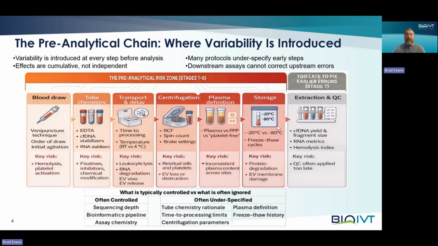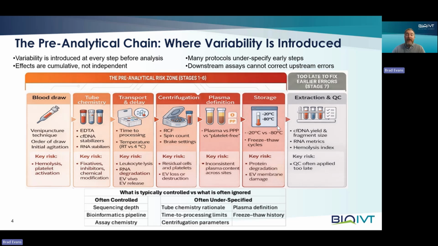At the bottom of this slide is an important contrast. What is typically controlled in studies is sequencing depth, bioinformatic pipelines, and assay chemistry. What is often underspecified are tube choice rationale, time to processing limits, centrifugation parameters, plasma definition, and freeze-thaw history.